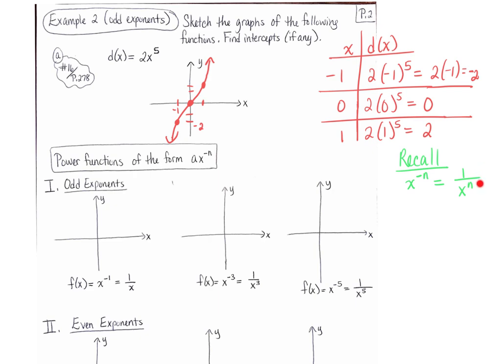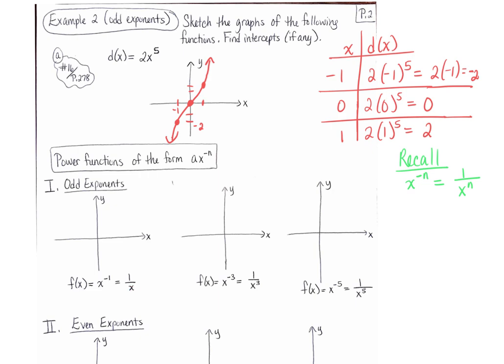Now, to graph it, can x be equal to 0 here? No, because our denominator cannot equal 0. Good. So we cannot have x equal to 0, which means whenever you see the graph of this, it will never touch the y-axis because we cannot divide by 0.